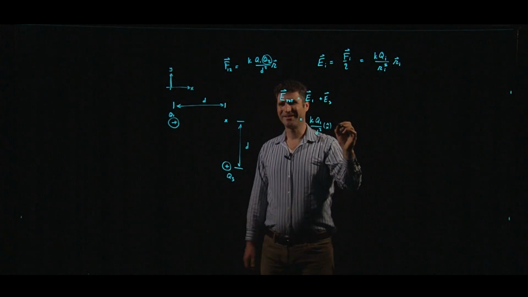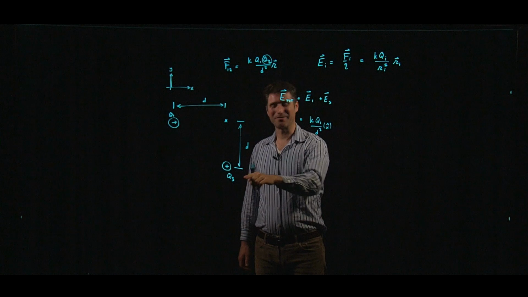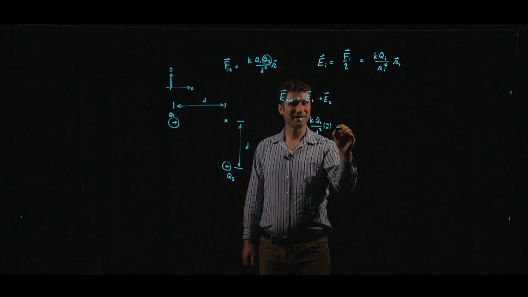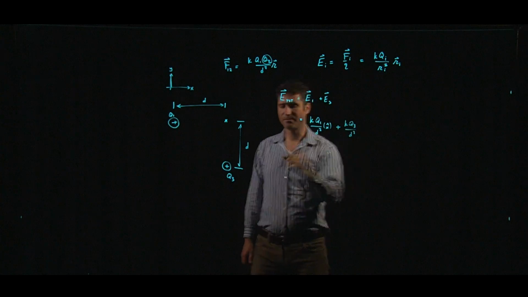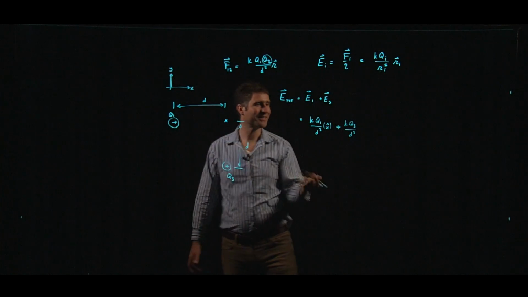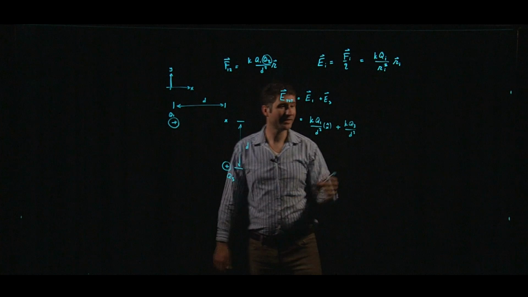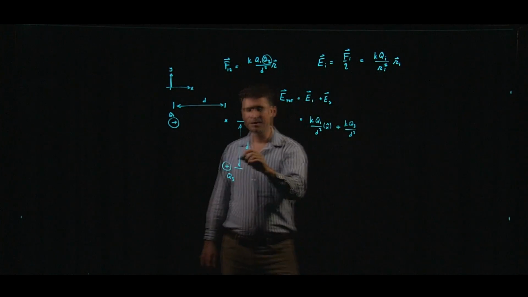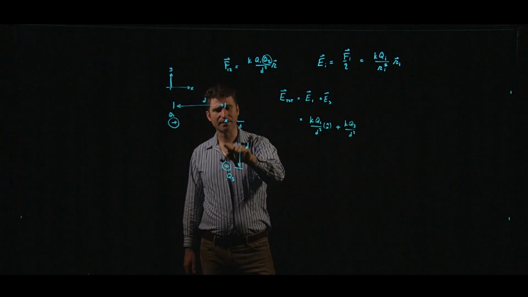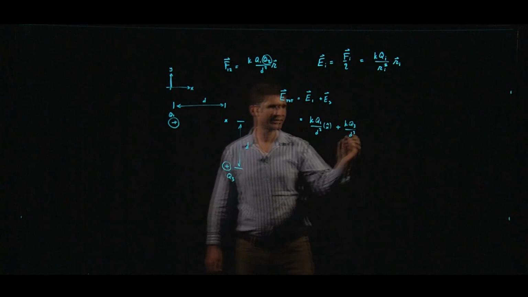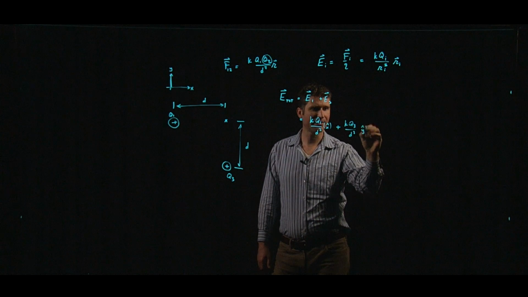So what about the electric field from Q3? Well, I could write again plus KQ3 over d squared, remembering that this is the same d in this case. It could in general be a different length. But this time, the vector that connects Q3 to this point here is pointed in the y hat direction. So I'm actually going to put the y hat direction now.